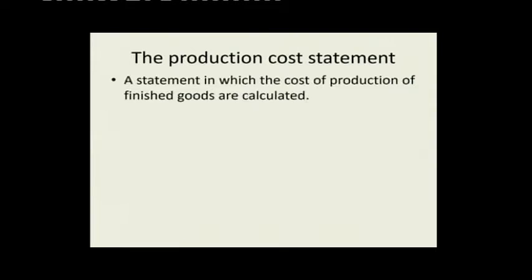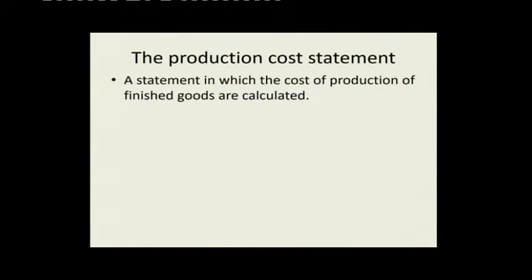The production cost statement is a statement in which the cost of production of finished goods is calculated. So whatever you finished on the factory floor, now you're calculating that cost. Someone is saying I'm going too fast, but I really have a lot of work to cover, and I only have 20 minutes left. So I'm hoping that you're going to be able to play that back.